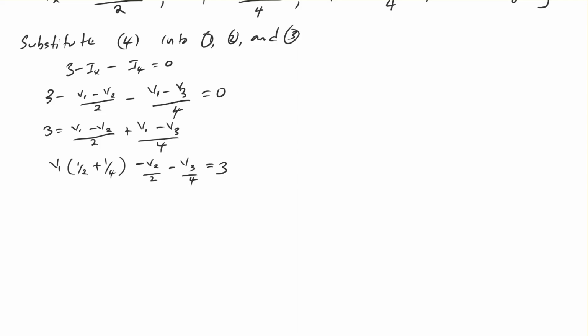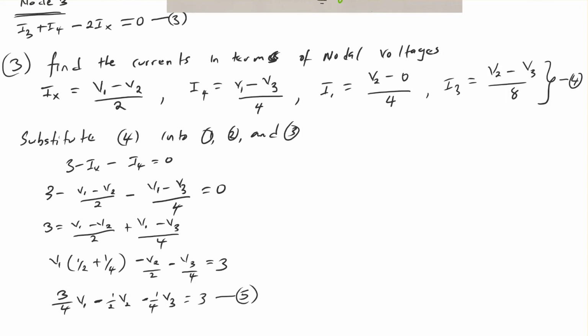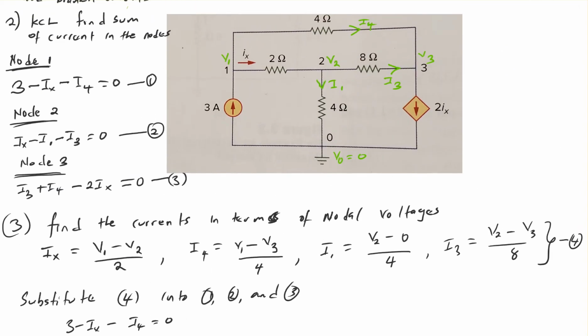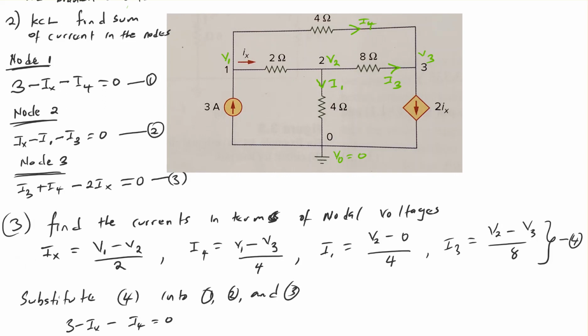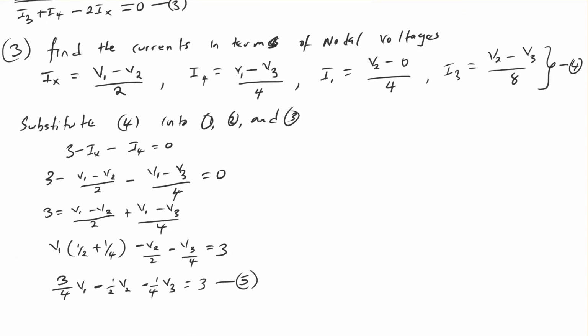So by simplifying further, we have 3 over 4 V1 minus 1 over 2 V2 minus 1 over 4 V3 equal to 3. I'll call this equation 5.